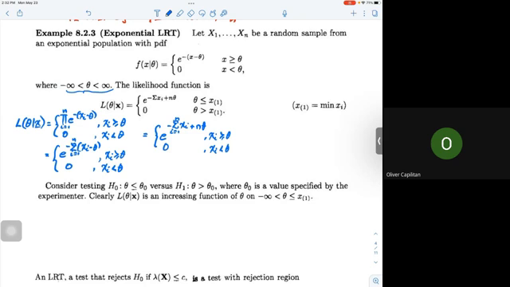So we can say we have here e to the negative summation of x sub i from 1 up to n, plus n theta, if the first order stat is greater than or equal to theta, and 0 otherwise.